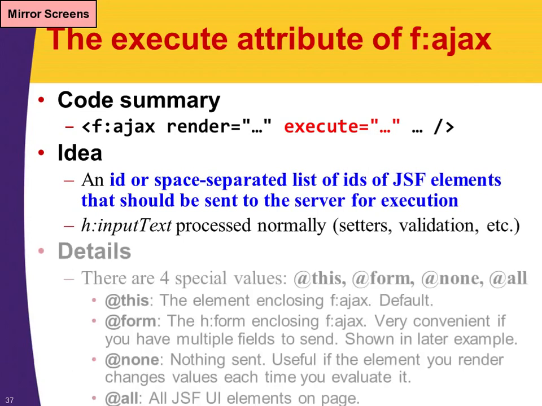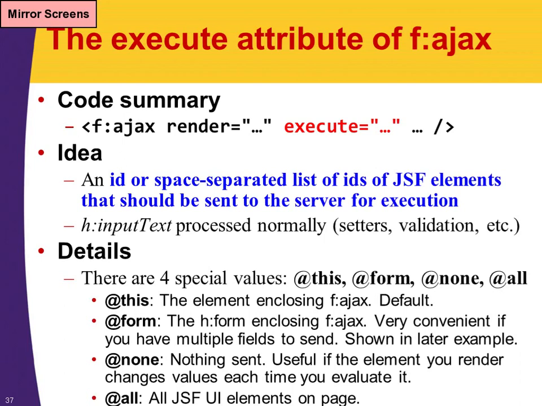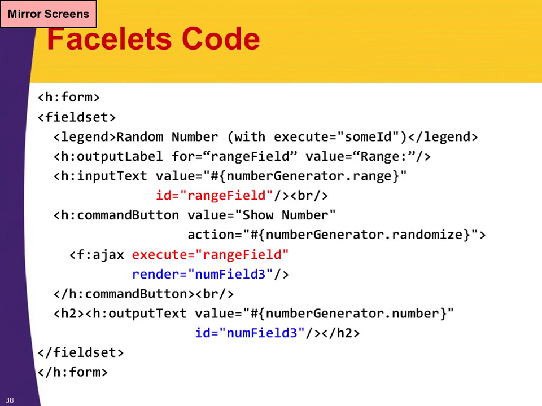Again, there are these 4 values, this, form, none, and all, which I've explained already. You can use those. It's just convenience. For example, the form is quite convenient. If you know that you're really updating everything on the form, then instead of having to specify every single ID there, you can just simply say @form, and all of them will get executed or rendered.